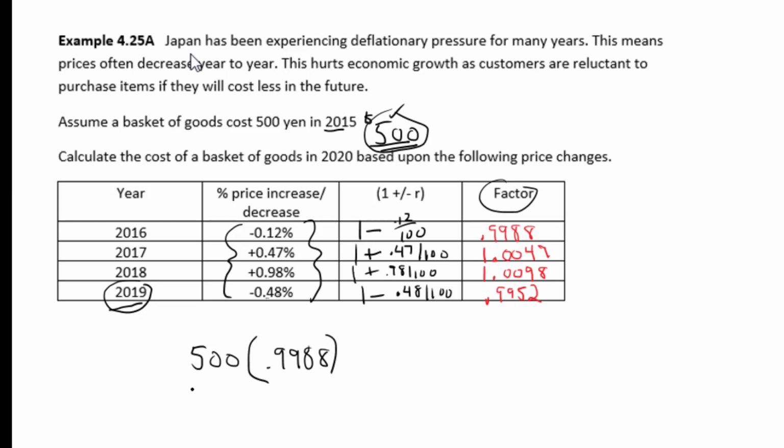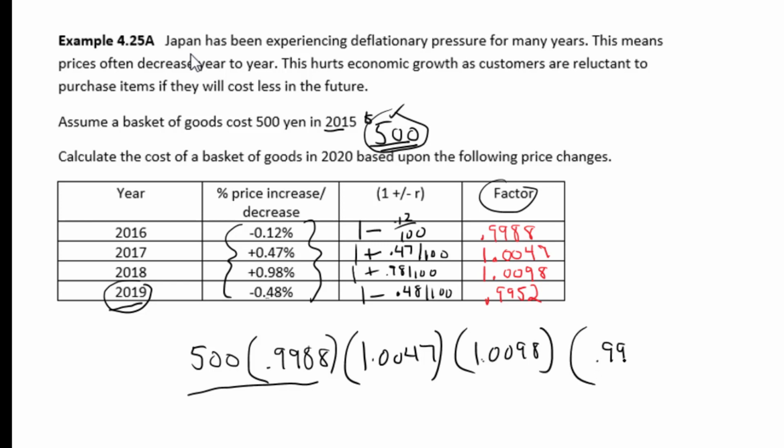This number right here is 500 down 0.12%. So I can just multiply by the next number, which is 1.0047. And then 1.0098, and then 0.9952.